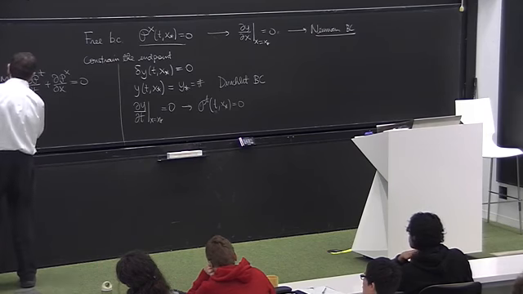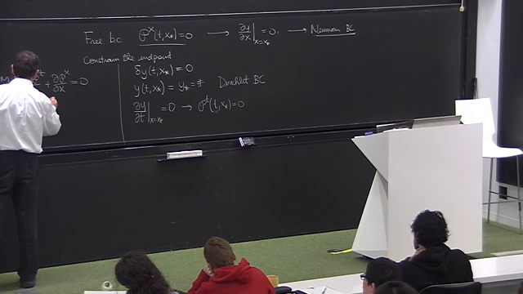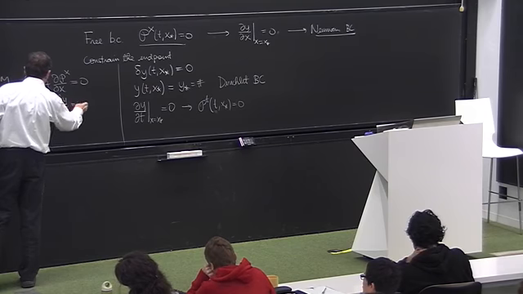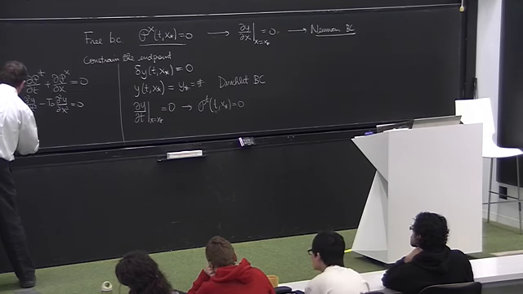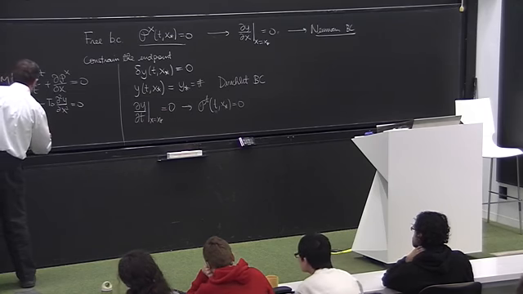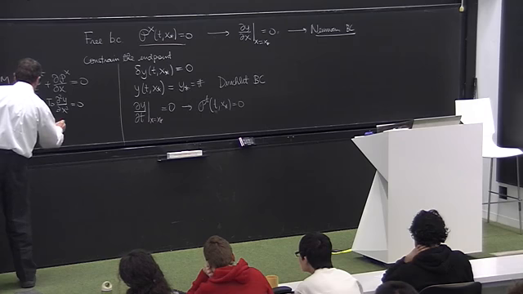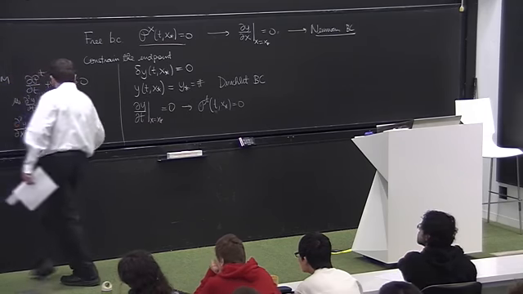So here you get mu0 d²y/dt² minus T0 d²y/dx². And that's d²y/dx² minus mu0 over T0 d²y/dt² equals 0.